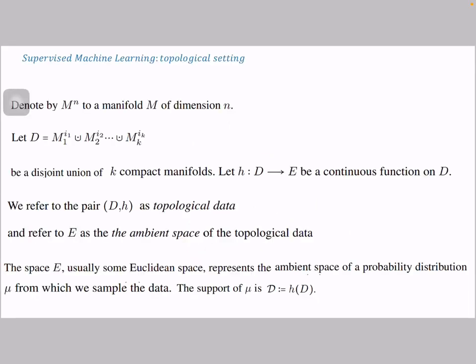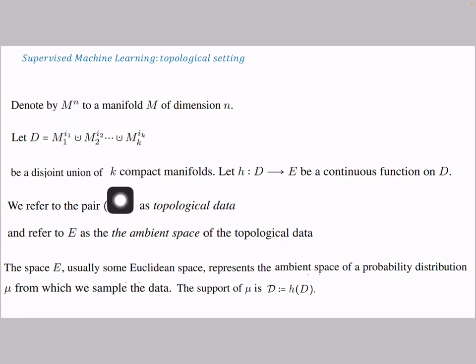We would like to understand how and why this happens from a topological perspective. So let's start introducing the supervised machine learning problem from a topological point of view. First, some notation. I'm going to denote a manifold M of dimension n by M superscript n. I'm going to denote by D a disjoint union of manifolds of various dimensions. So D here is a disjoint union of M1, M2, and so on up to MK.